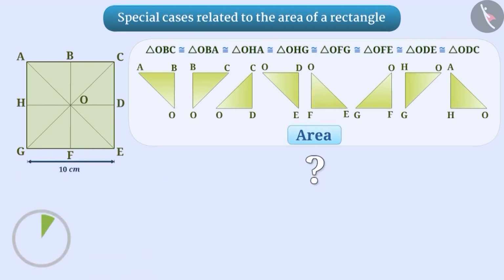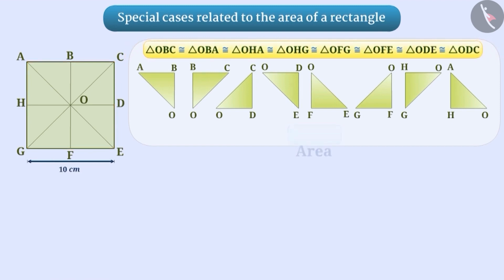Think for a while. Let me tell you. Here, the square of side 10 cm is divided into 8 equal parts. Since all parts are congruent to each other, we can conclude that they are equal in area.